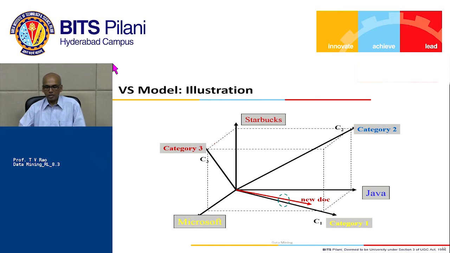For example, here we are looking at 3 terms, and for each one of them we are treating them as a different dimension. So essentially it is going to be a hypercube with a large number of dimensions. And thereby we are going to fit each document within some hyperplane which is representing these dimensions.